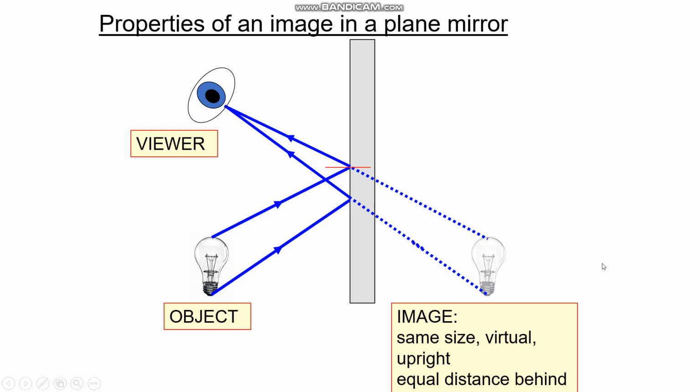You'll notice that for a perfectly flat mirror, the image is the same size. It's upright, which means it's the right way up, it's not inverted. We've already talked about its equal distance behind the mirror, and this term virtual is a tricky one to get to grips with. Because the brain is tricked into thinking the light bulb's over here, real rays of light don't actually pass through the image here, they just appear to come from it, so we call that a virtual image.